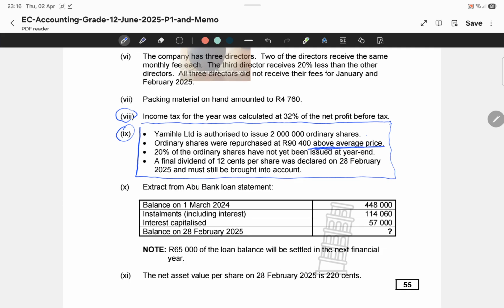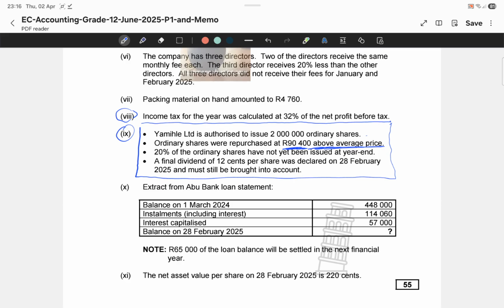But to explain it in simple terms, this is the loss. This is the loss amount that occurred when we repurchased the shares back. Because we have the repurchase price, we have the average price, then we have the loss. The repurchase price includes the average plus the loss.